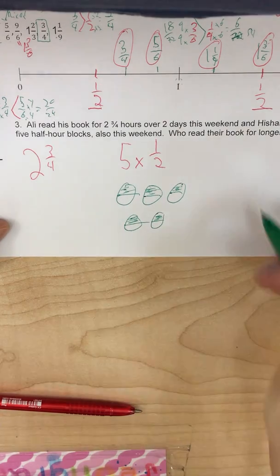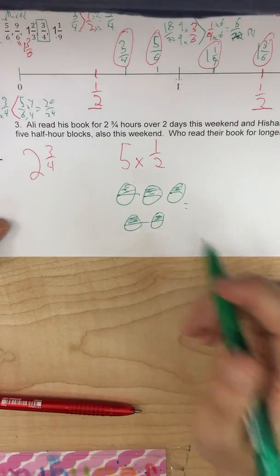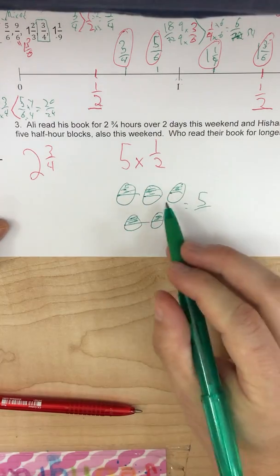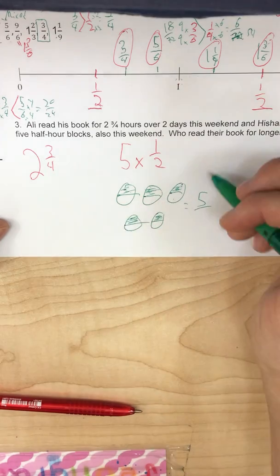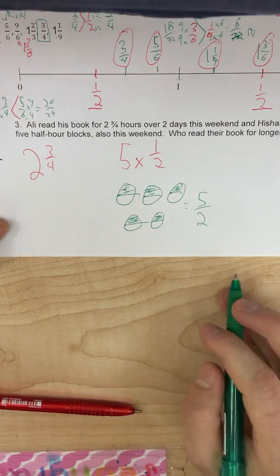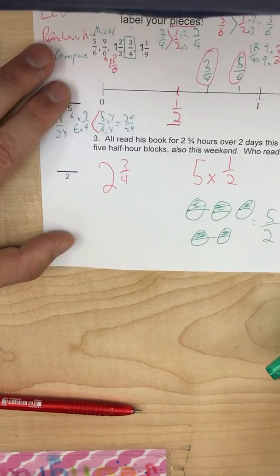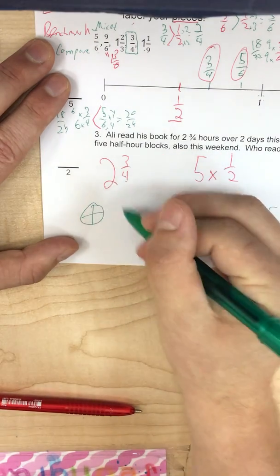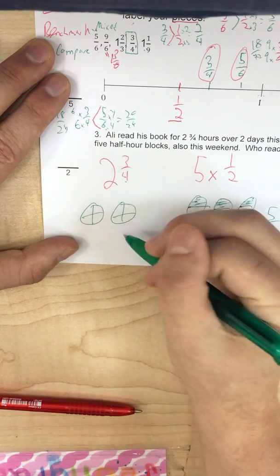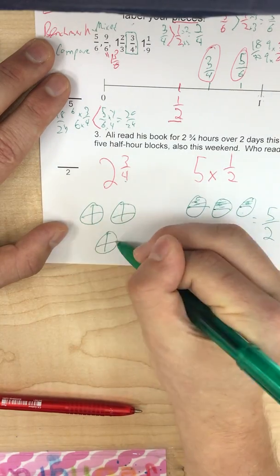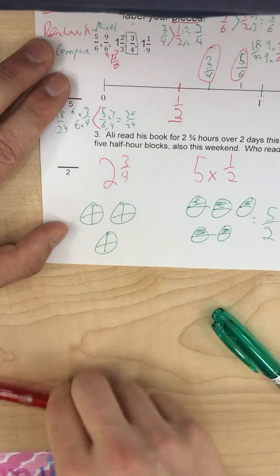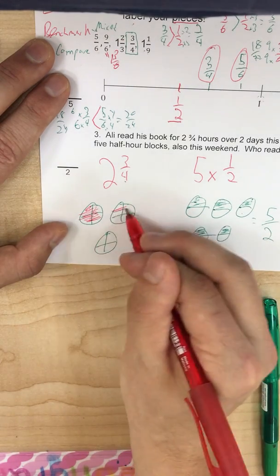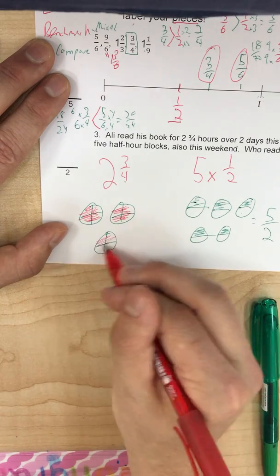And so what they did is they turned this into an improper fraction. 1, 2, 3, 4, 5. How many of these blocks make up an entire hour? 2. All right? They did the same thing here. So we know it's out of 4, and we have 2 wholes and 3/4. 2 wholes, I'll shade it in red so it's a little more visual. 1 whole, 2 whole.